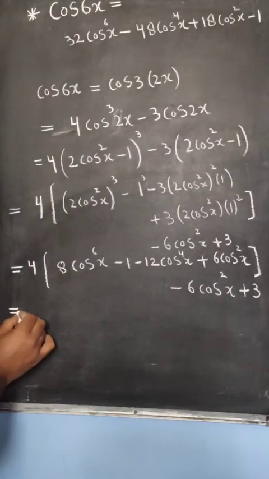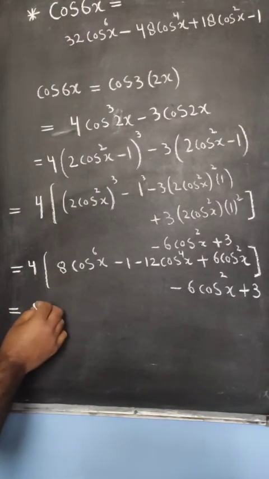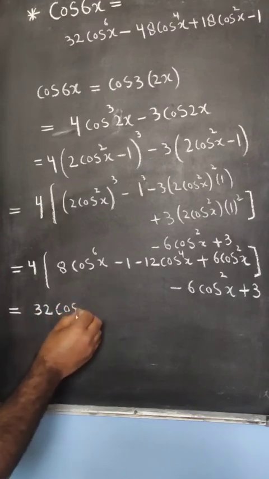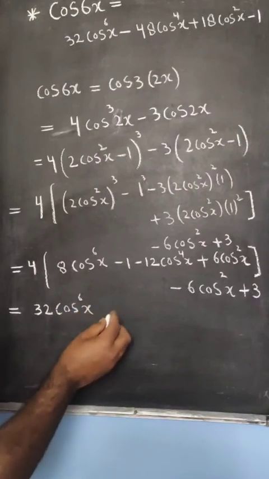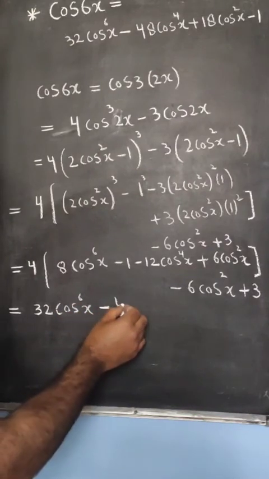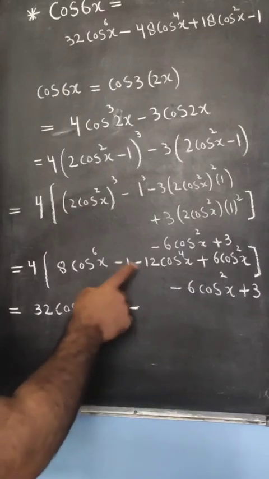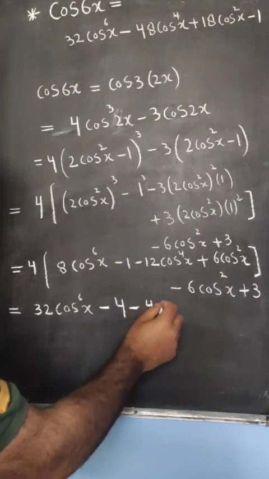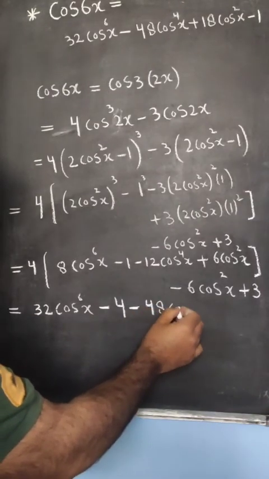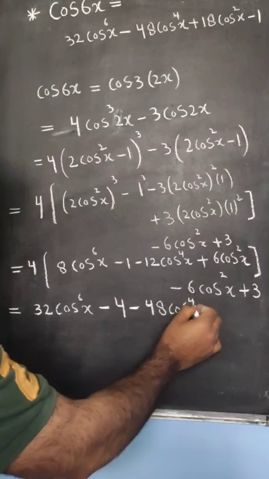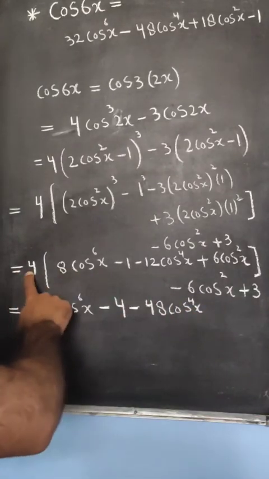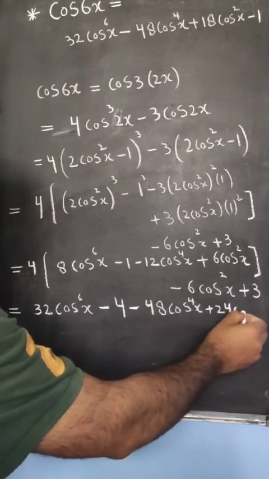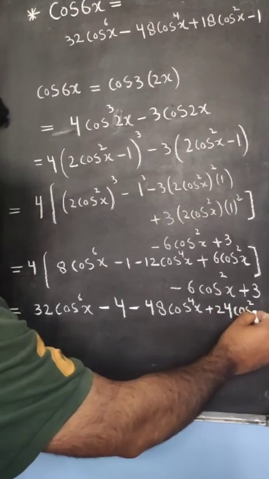That is further equal to 4 into 8, that is 32 cosine raised power 6x, minus 4 into 12, that is 48 cosine raised power 4x. Then we have 4 into 6, that is 24 cosine square x.